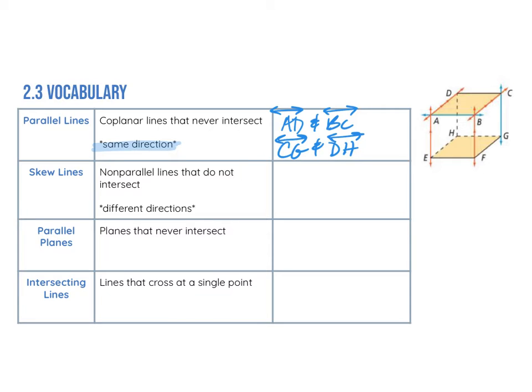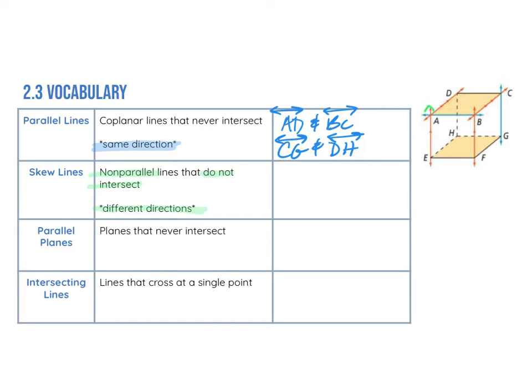Skew lines. Skew lines, first of all, are non-parallel lines that do not intersect. So we know parallel lines never intersect, but these are non-parallel lines that never intersect. And so we think about they're going to run in different directions. So let's look at our picture here.